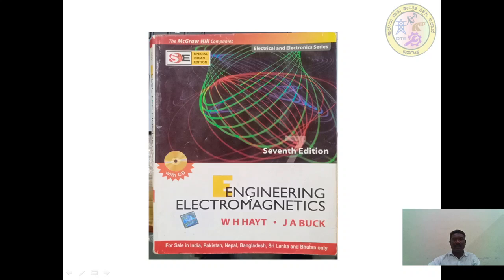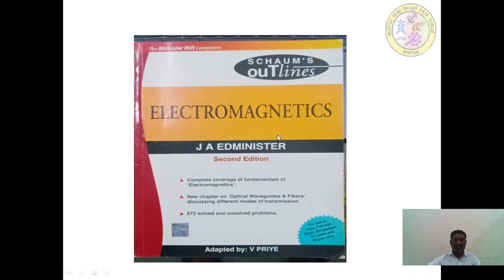From the reference of this textbook, many authors have written their own textbooks. Now, Electromagnetics by J.A. Edminister, Outline Series: here they mention complete coverage of the fundamentals of electromagnetics, with solved and unsolved problems.